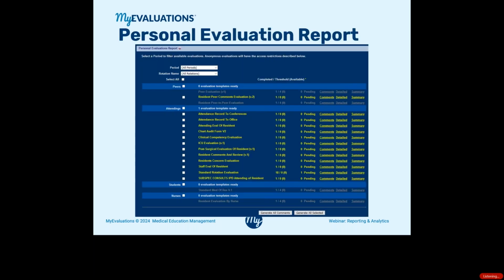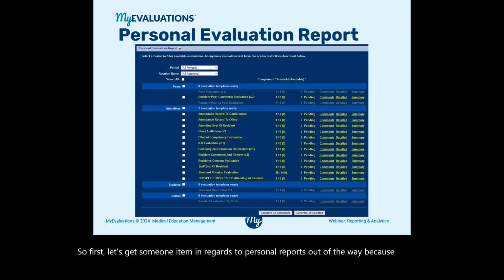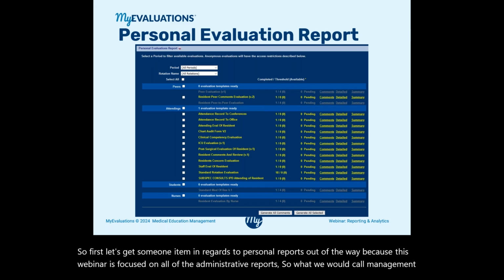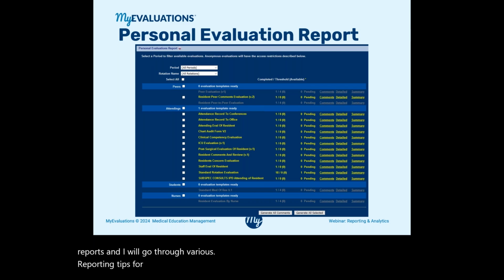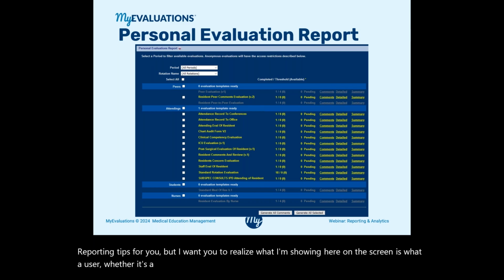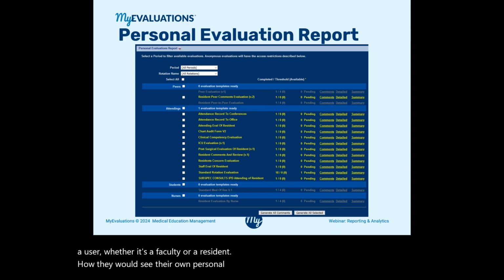So first, let's get one item in regards to personal reports out of the way, because this webinar is focused on all of the administrative reports, so what we would call management reports. I want you to realize what I'm showing here on the screen is what a user, whether it's a faculty or a resident, would see for their own personal evaluation reports.